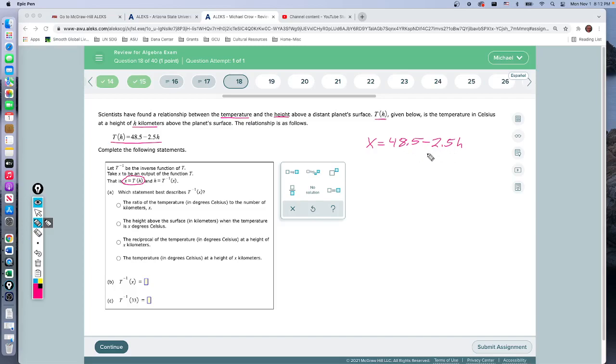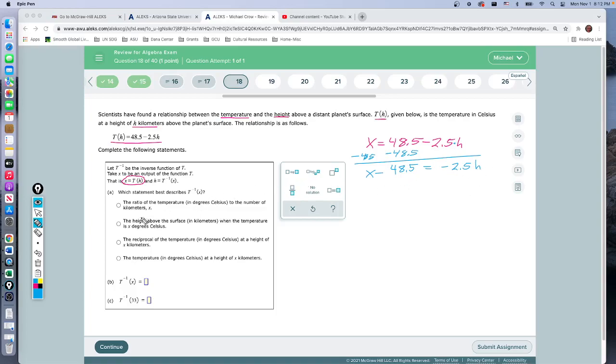Okay, so solving for h, we're going to subtract 48.5 from both sides, because 2.5 is multiplied times h. So then we get x minus 48.5 is equal to negative 2.5h.